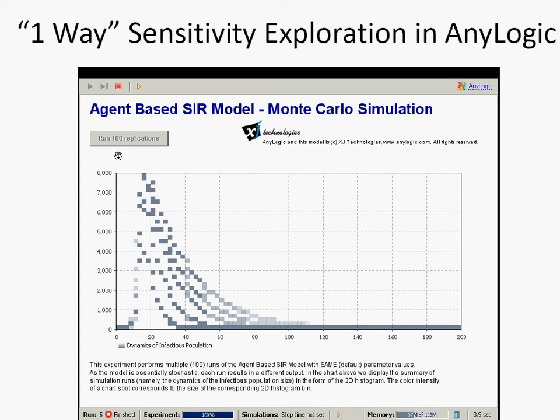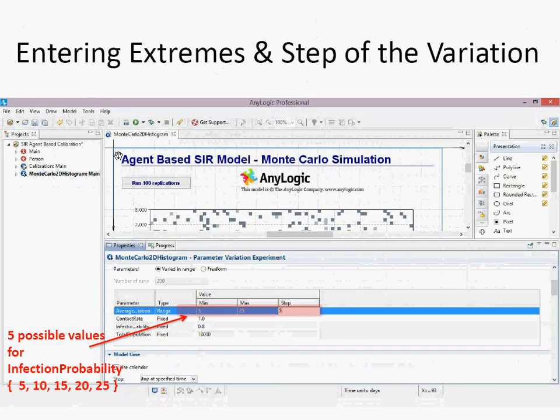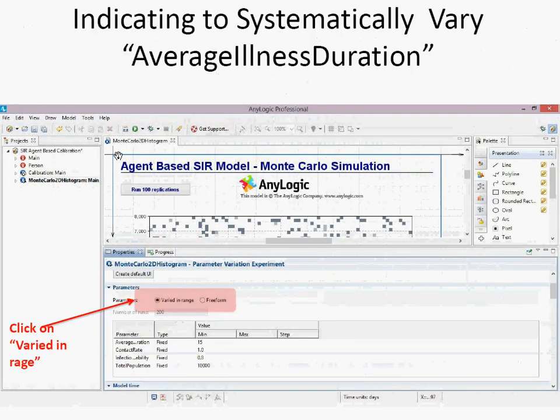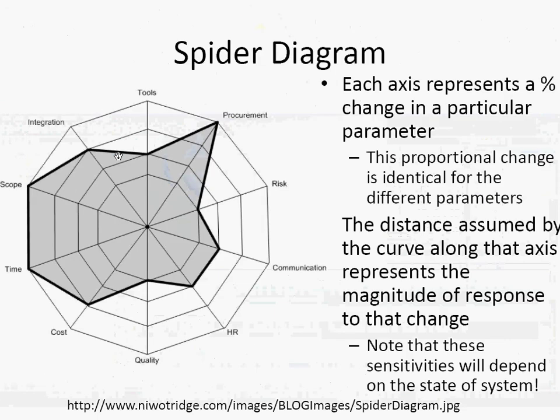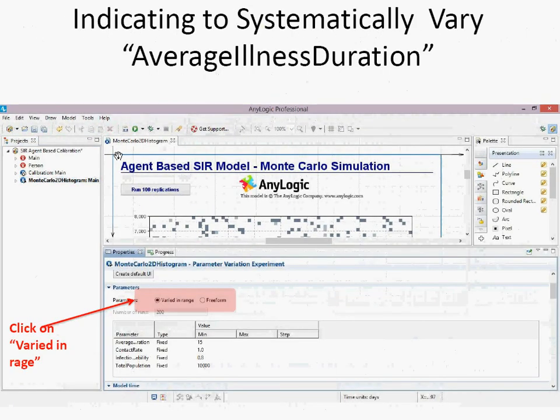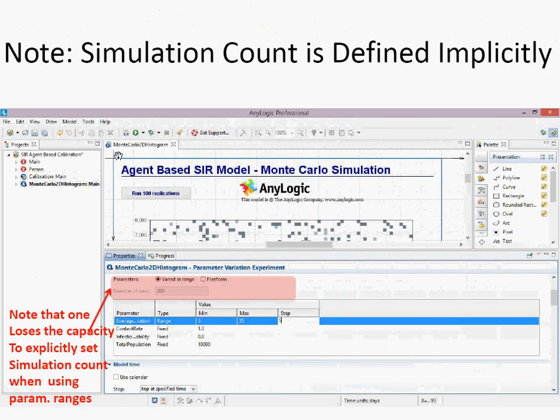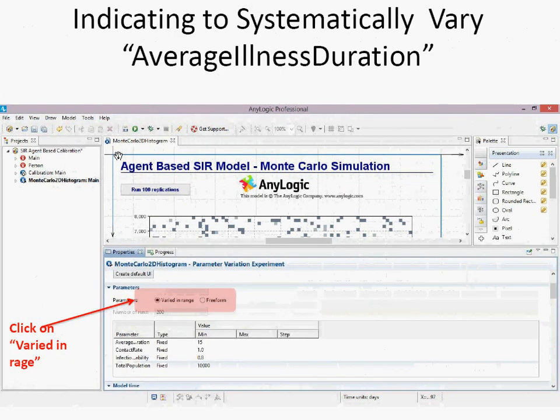We did see that even absent any parameter variation, even if we were to just leave the parameters at their default values, we still will see some level of variability. I thought I had a nice slide of that, but it looks like I don't. But we did run that yesterday, and we saw there was variability even absent variation in the parameters. And that variability reflected stochastics in the model.